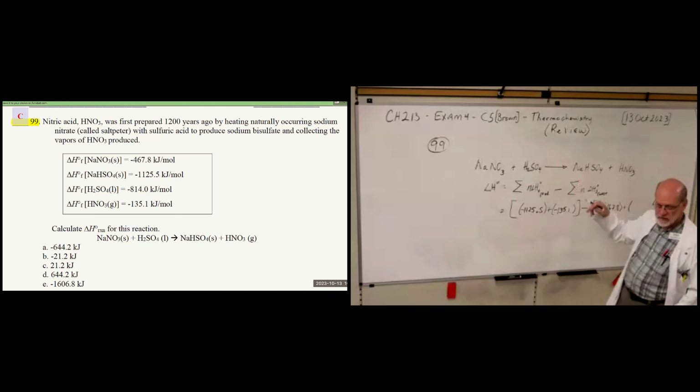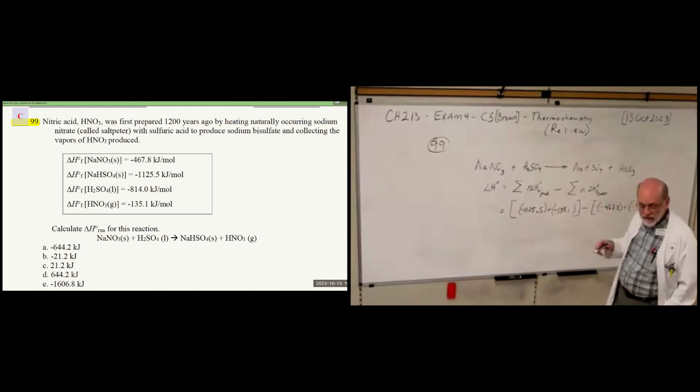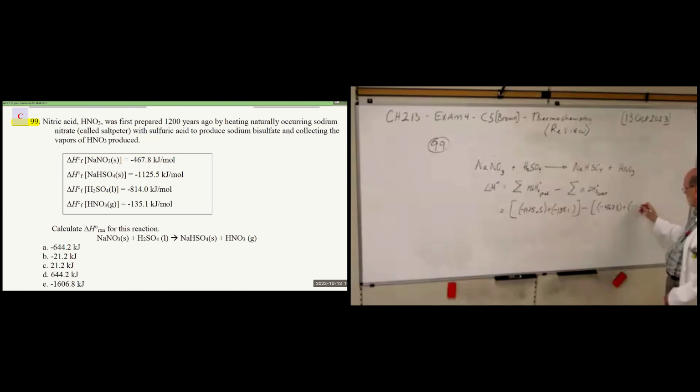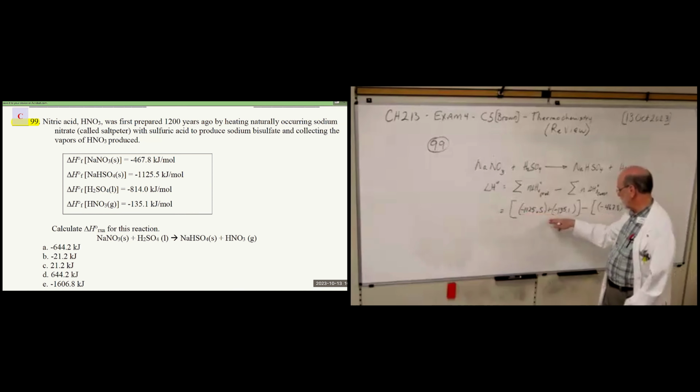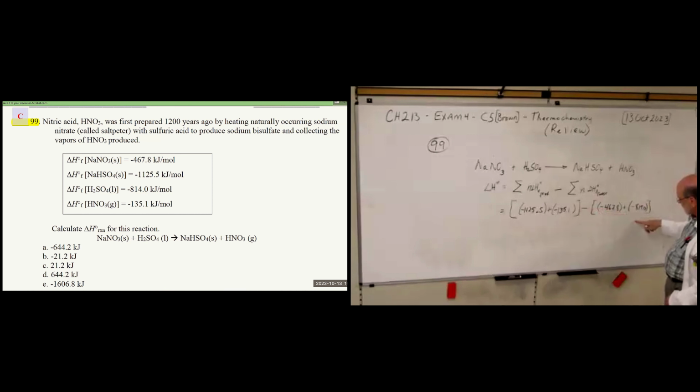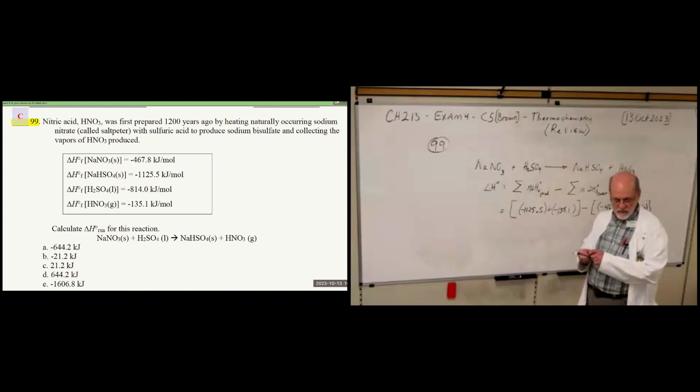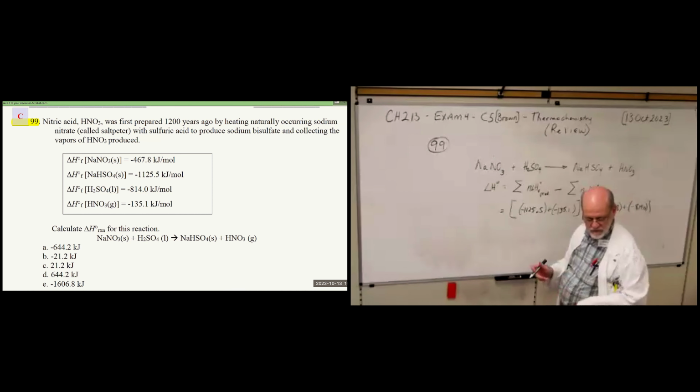And what did I say? Sulfuric acid next, minus 814. There we go. So don't forget that this is a negative, that's a negative. They're all negatives. But this negative makes this term positive. Okay. And if you work it out correctly, you should come out with 644.2.